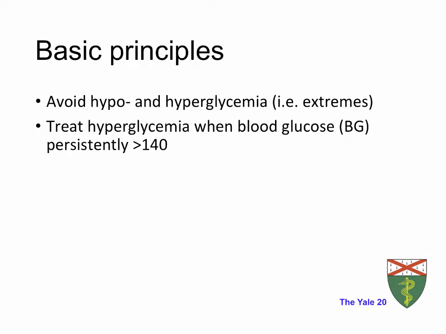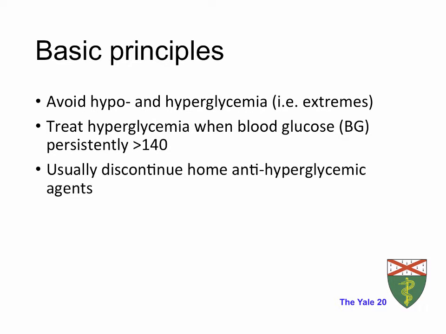And with that being said, we do want to treat hyperglycemia when the blood glucose is persistently above 140, even in patients that were not diabetic prior to their admission. And what we typically do is we discontinue their home anti-hyperglycemic agents. So if patients are on metformin or Januvia or anything oral, we usually discontinue those and just provide them with an insulin-based regimen in the hospital, whether or not they will ultimately go back on their home antihyperglycemics.